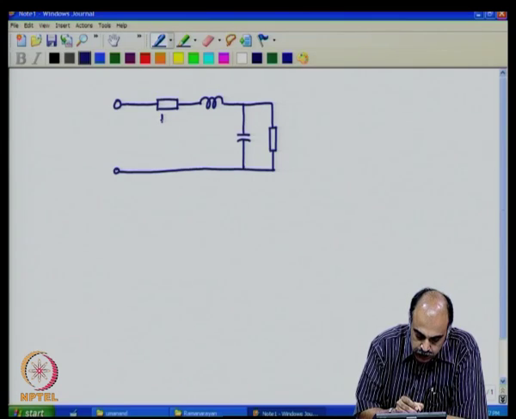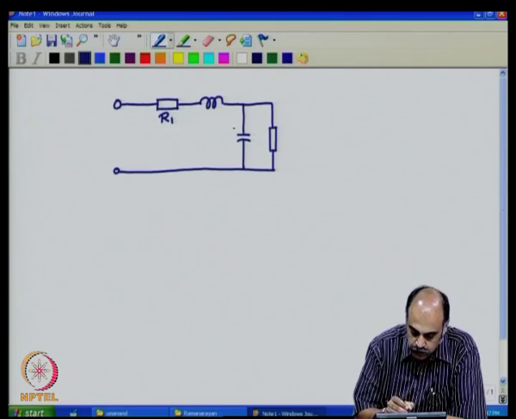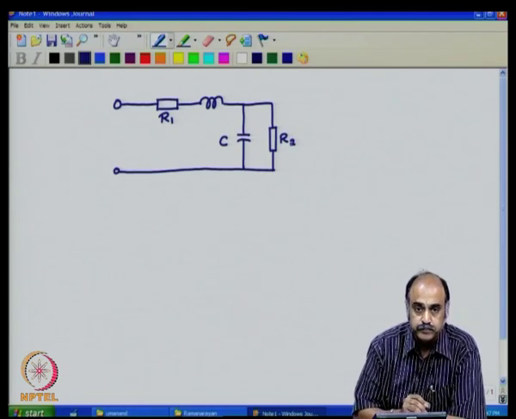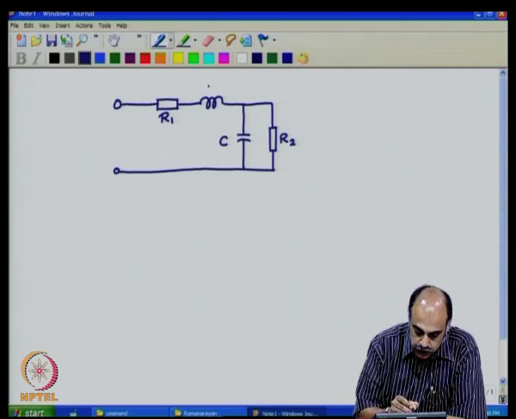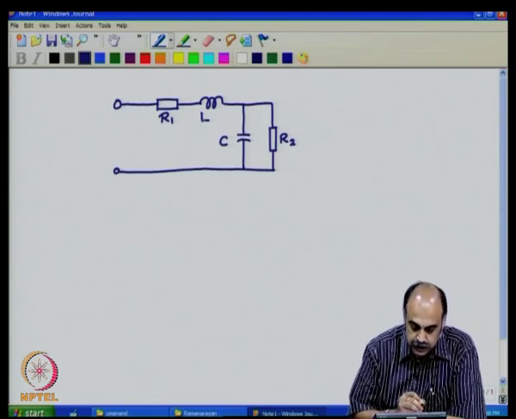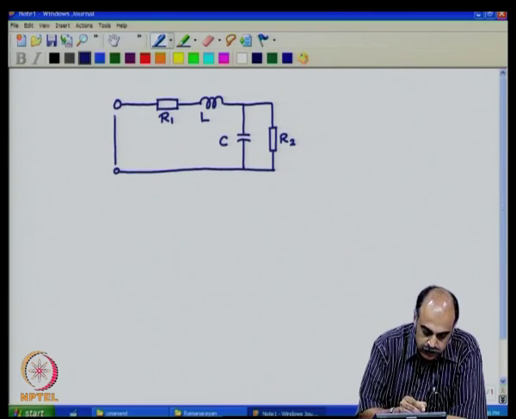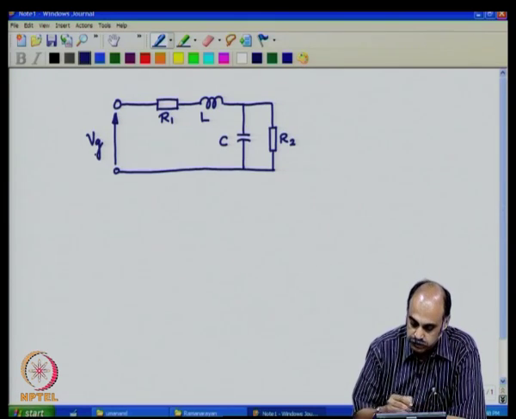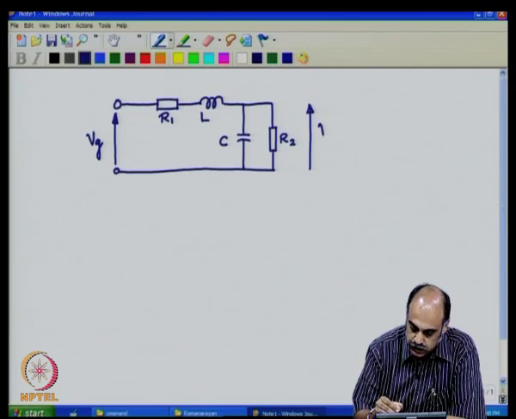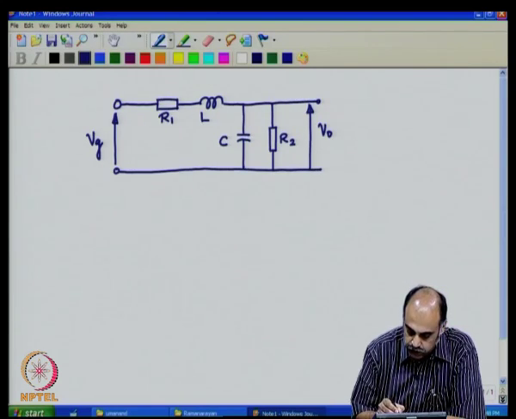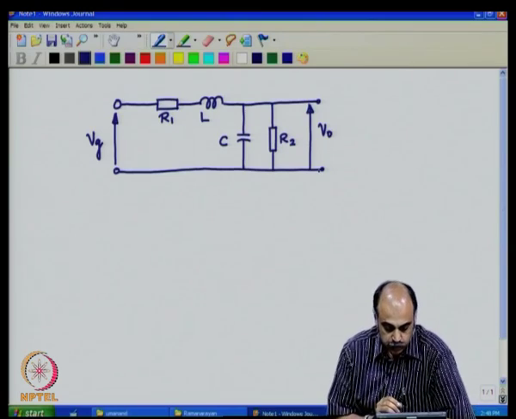The RC circuit had the R, C and let me call this as R2. Now, one more element, the L, is now added, and at the input let us supply it with a voltage Vg, and we require a voltage at the output which is set at V naught. Probably that is what you would like to control.